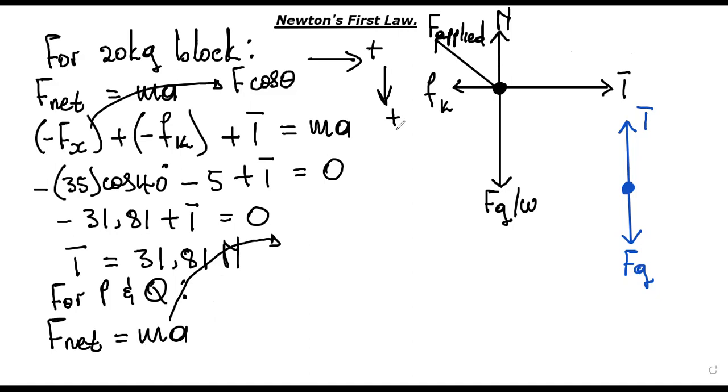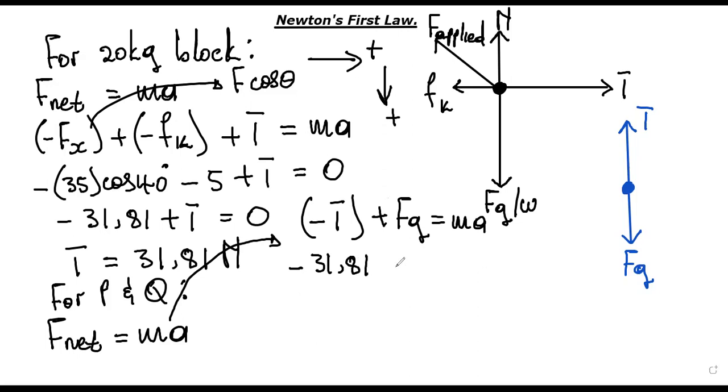Are you fine? So in this case, tension will be negative, and then you say plus Fg equals Ma, like that. And then you say the tension force will be 31.81 newtons.